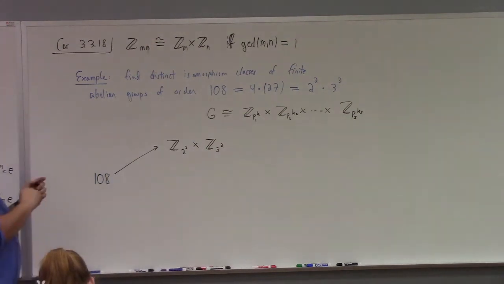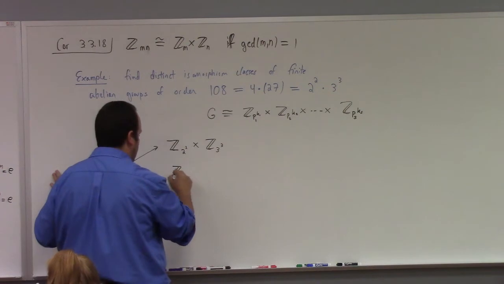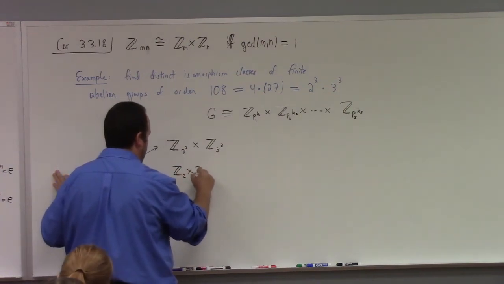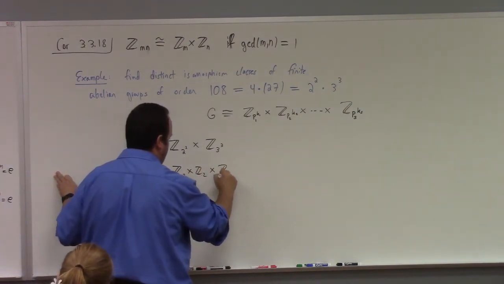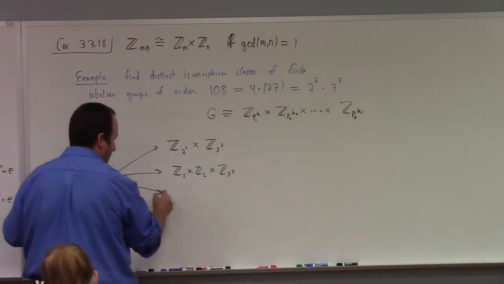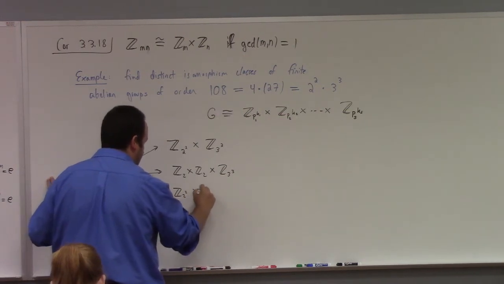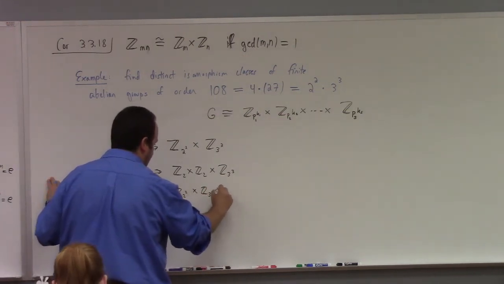That's one possibility. But we could also break that up into Z2 cross Z2 cross Z3 to the third. Or we could break that up into Z2 squared cross Z3 squared cross Z3.